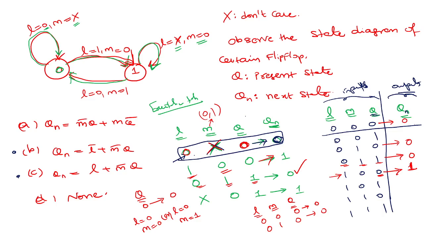So what about this 0, 1, 0? This we have already covered, right? 0, 0, 0, 0, 1, 0. Where is 0, 1, 0? We already covered this. Then 0, 1, 1, we have covered this. 1, 0, 0, we have covered.